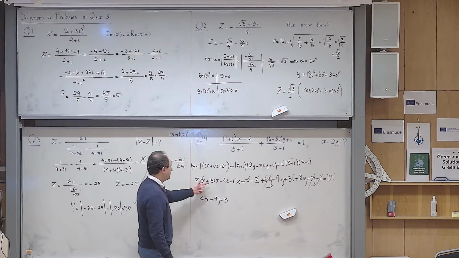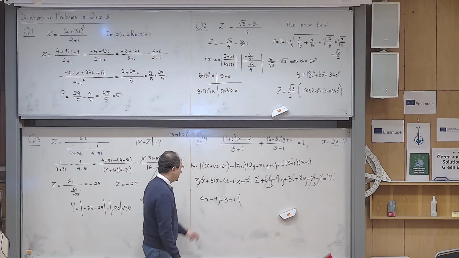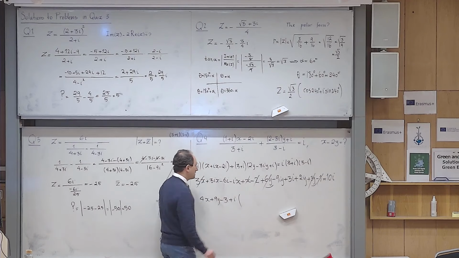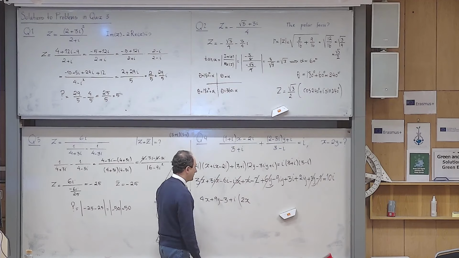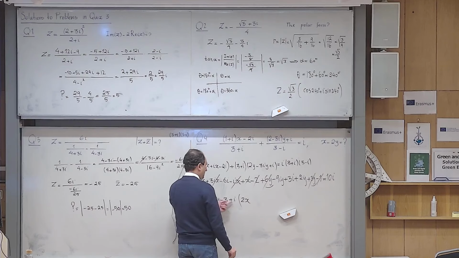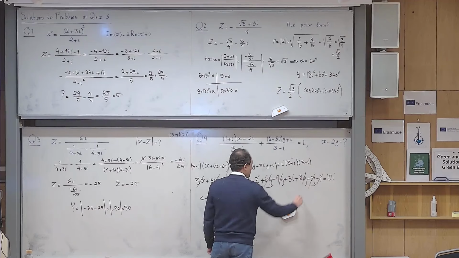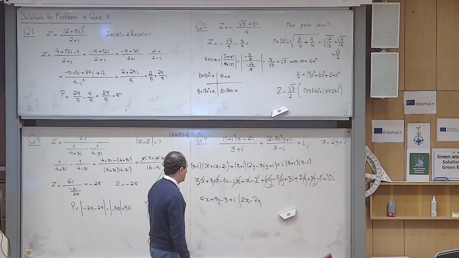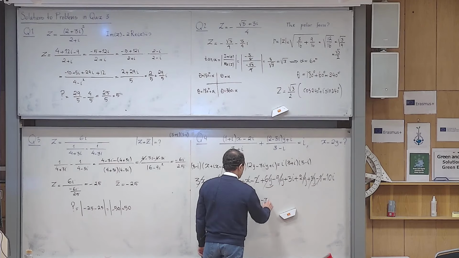Now what is left for me is with i, so I factor an i out. I have 3x minus x is 2x. So I consider these two terms. And then I have minus 9i plus 2iy there. I put i out, so it becomes minus 7y. This is also considered. And I have minus 6 plus 3 is minus 3.